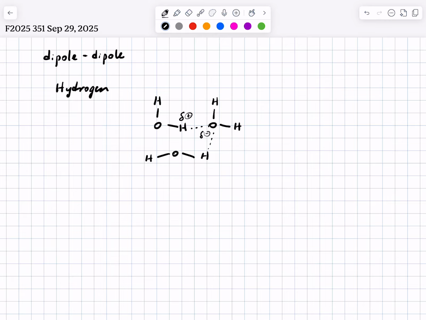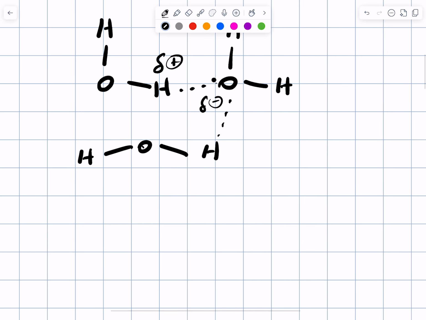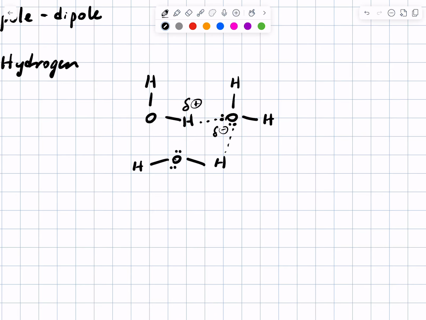And I'm showing you a brief network of hydrogen bonding. Here, the lone pair on this oxygen, the delta minus on this oxygen, is interacting with this hydrogen in water. Here, the other lone pair is interacting with this hydrogen. I'm not showing you the two hydrogens that this oxygen in the front would be hydrogen bound to, because otherwise the drawing would get too complicated.